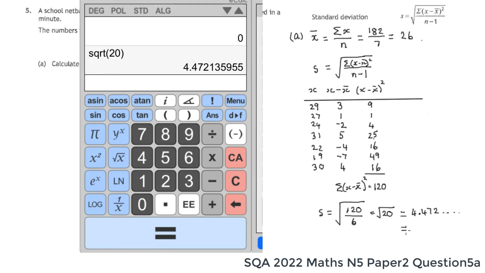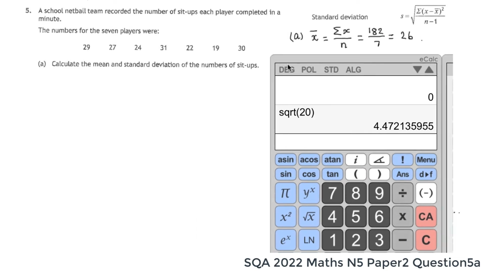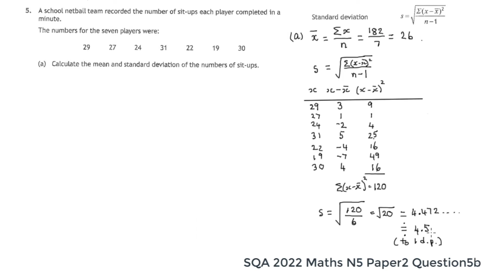So approximately, let's round it to 1 decimal place, there's 4.5. And we'll just say what we've done, it's to 1 decimal place. So that's our standard deviation.